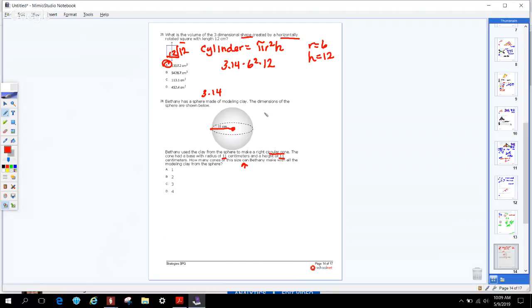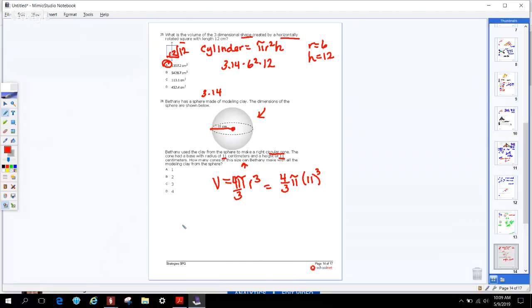So first we have to figure out how much clay she had altogether. So we're going to take the volume, and we know the formula is 4/3 times pi times the radius cubed. So that's going to give us our first volume. So we've got 4/3 times pi. The radius is 11, and that's cubed.